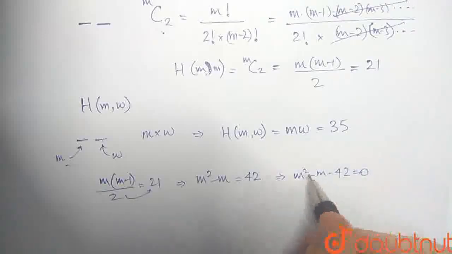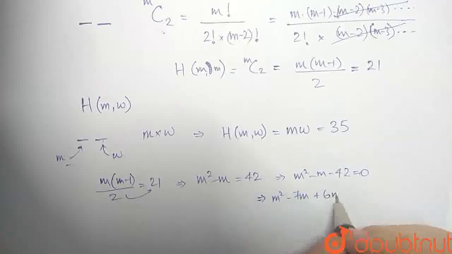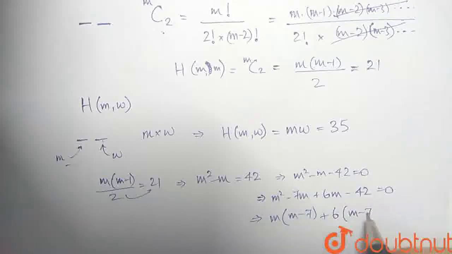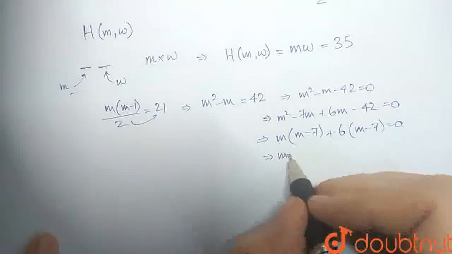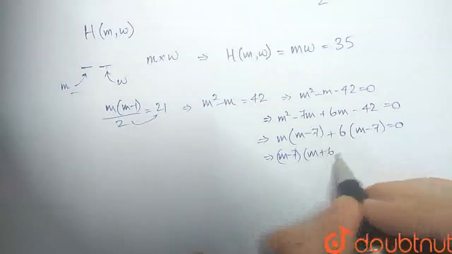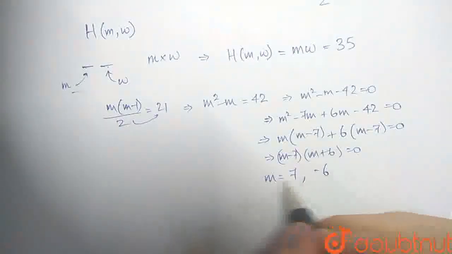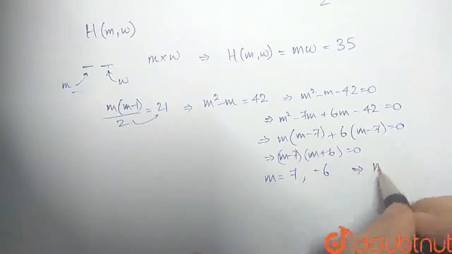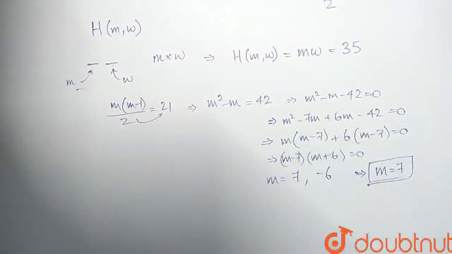Now I can use splitting the middle term, so I'll have M square minus 7M plus 6M minus 42 equals 0. So I have M times M minus 7 plus 6 times M minus 7, which means M minus 7 times M plus 6 equals 0, or M equals either 7 or minus 6. Now M represents the number of men at the party, which can't be negative. Therefore M equals 7, the only positive solution of the quadratic equation we got.